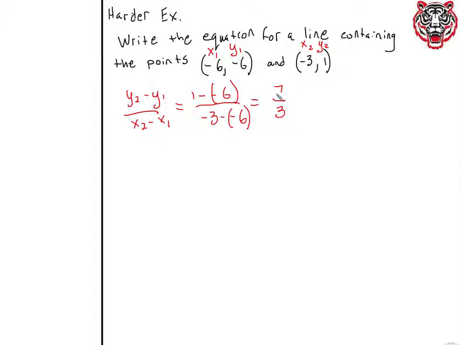All right, so your equation now is what? Do you remember point slope form? Tell me what to write. Right, so that's the general equation. Go ahead and just fill it in for me.